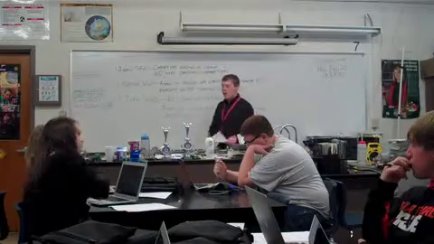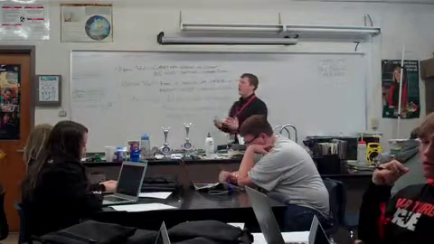Positive and negative, yep. So ions are positively charged and negatively charged. What side of the table do we find the positively charged ions? Left side. So then the negative ions come from the right side, right.